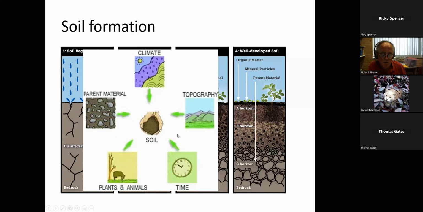Okay, so what does all that depend on? Well, it depends on the parent material, which is what I've just mentioned, but also the climate will determine how harsh the climate is, will determine the rate of weathering. Time, of course, in Australia being old, it's a long time. Topography will change because you'll get different amounts of runoff if the ground is not flat. Time is in here, and then you've got plants and animals.